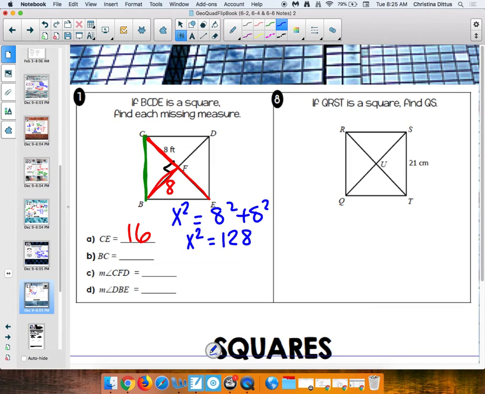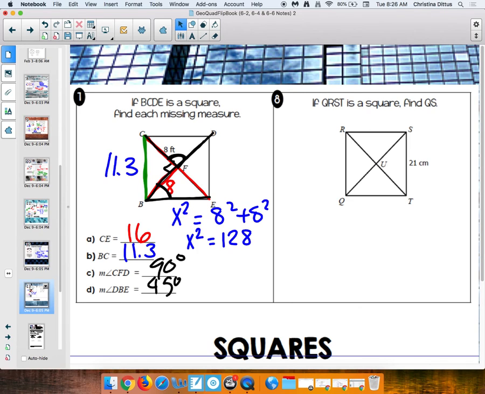Square root should get 11.3. That means every side is what? 11.3. Oh, CFD, this angle right here is how much? 90. And DE, this angle right here, 45. Your angles are either 90 or half of 90.